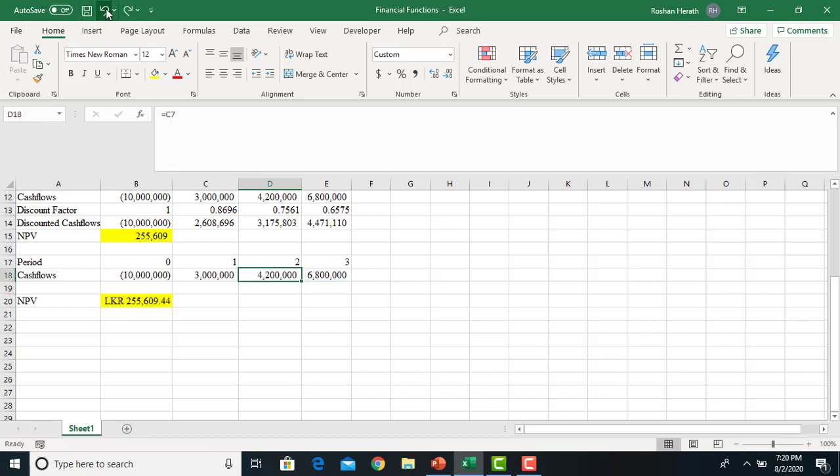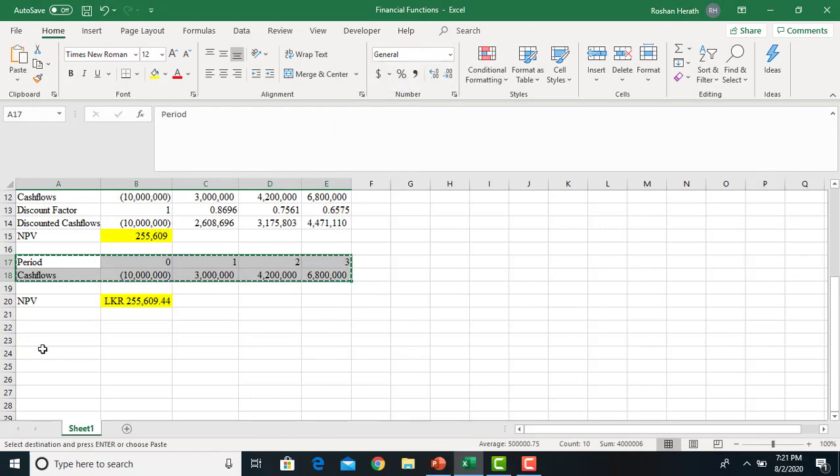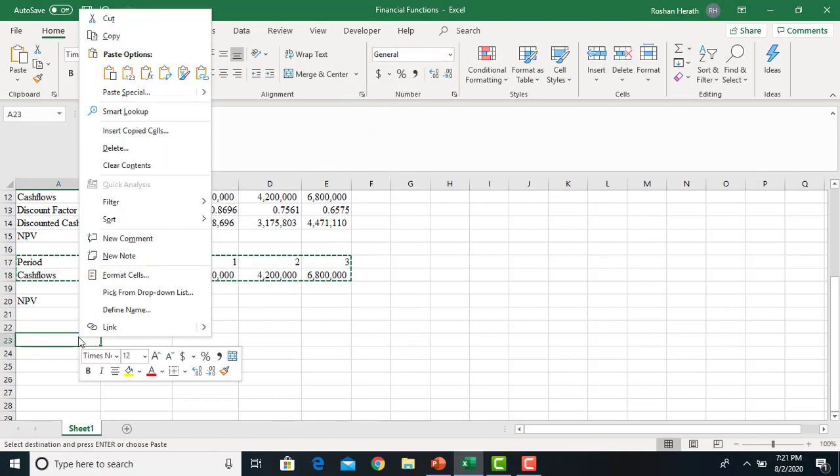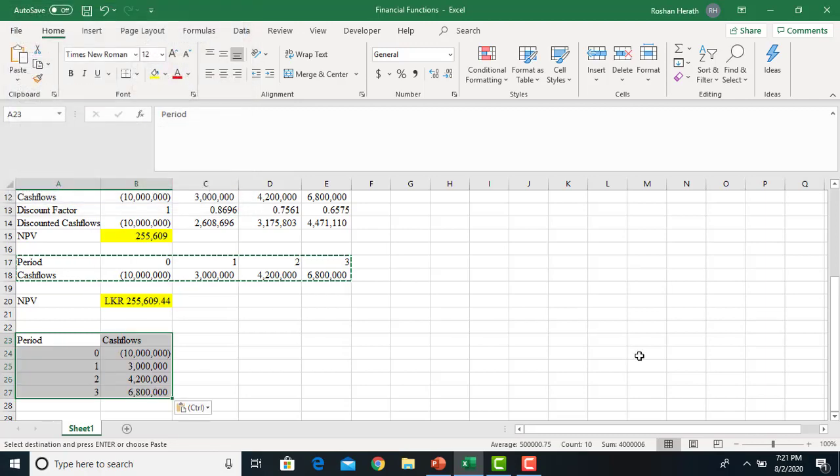Sorry, it's a mistake. So make it constant. So I have made all the cash flows constant. Now I might copy this. So using your knowledge of paste special, I can paste the rows into columns. So I can transpose it and see, this is it.